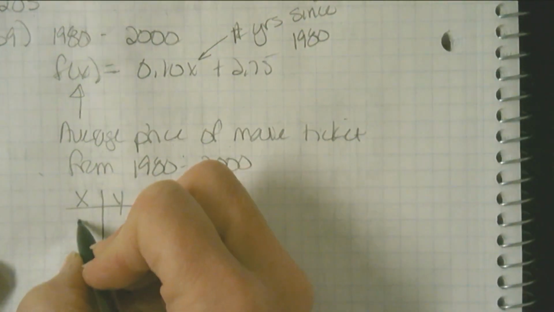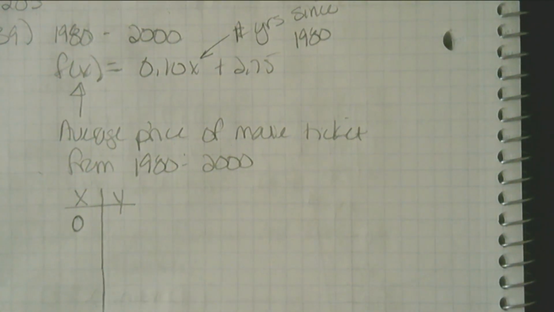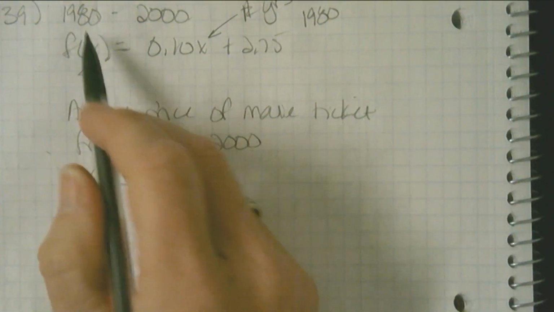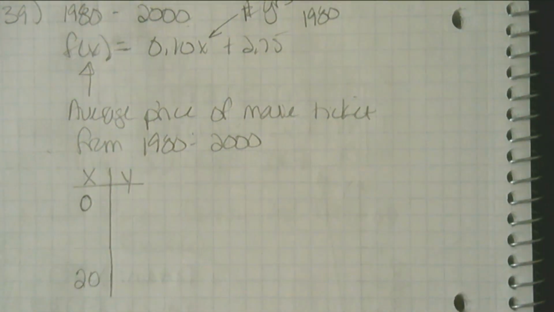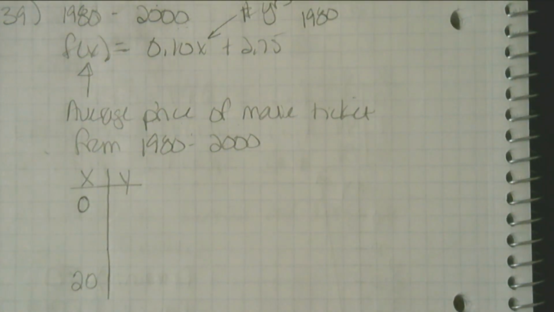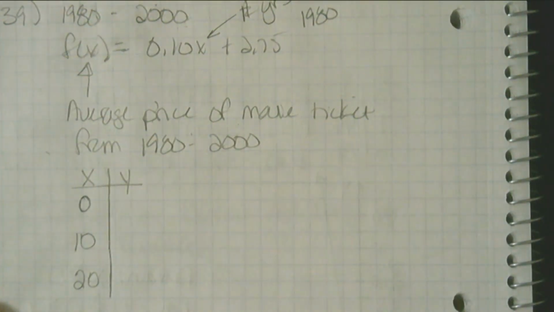I definitely want to know the price of tickets in 1980 because that's my y-intercept. I definitely want to know, well, that's 20 years later. I definitely want to know the price of tickets 20 years later because that is my end one, and maybe I'll do another one in between. Maybe I'll do 10 years since 1980.